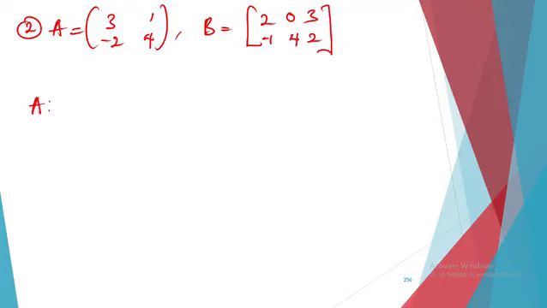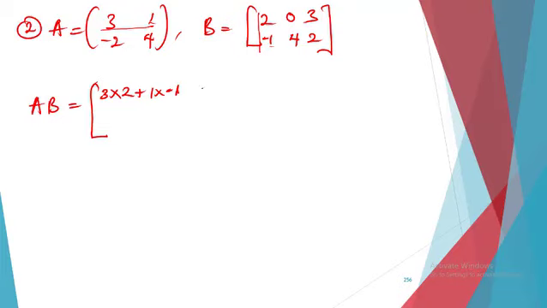So our AB is equal to, draw your bracket, 3 times 2 plus 1 times -1. Remember, you use the row to multiply the column.